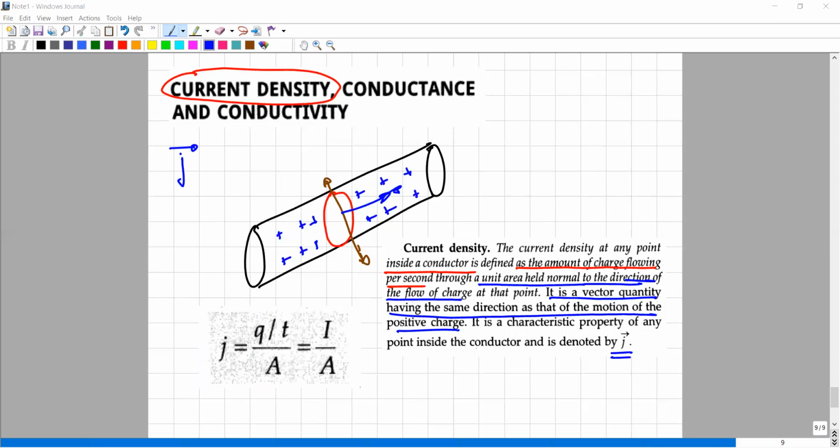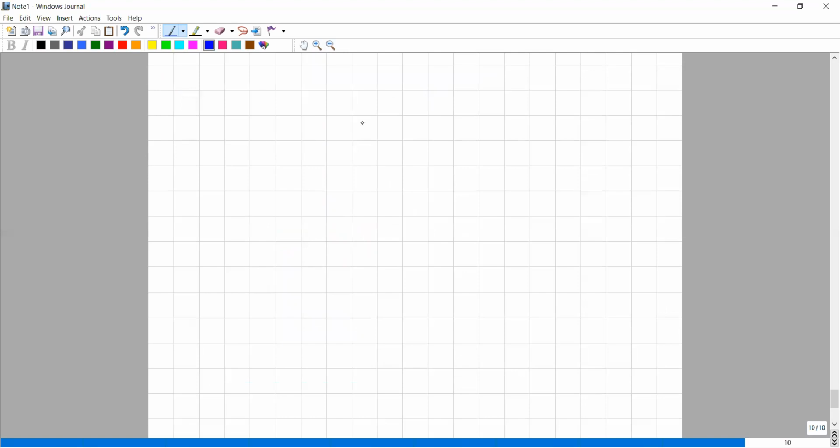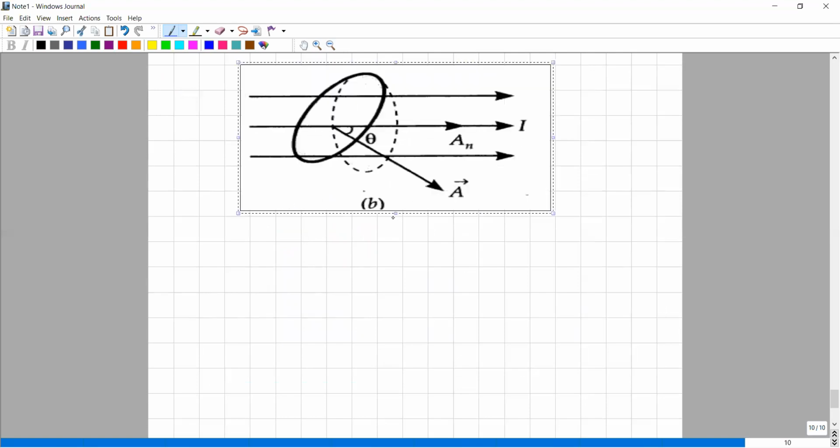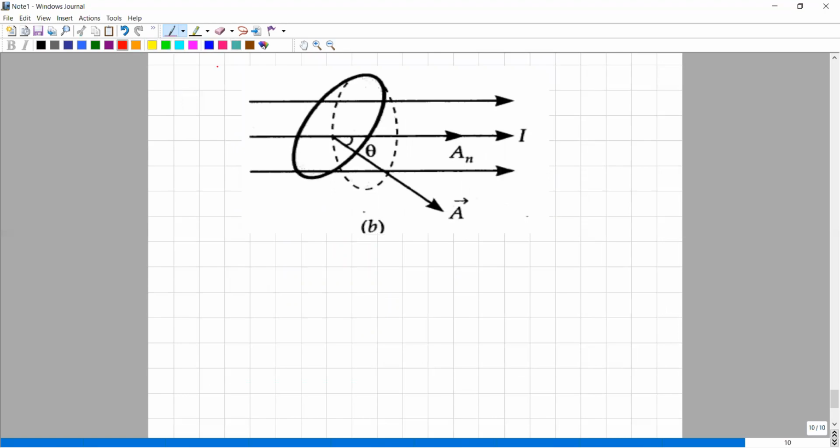Now what if this area is not perpendicular? If it is not perpendicular, then we have to take a component of this area. Let's say this is your condition: the area is not perpendicular to the flow of current. So current flow is here, area is here, area vector is here.